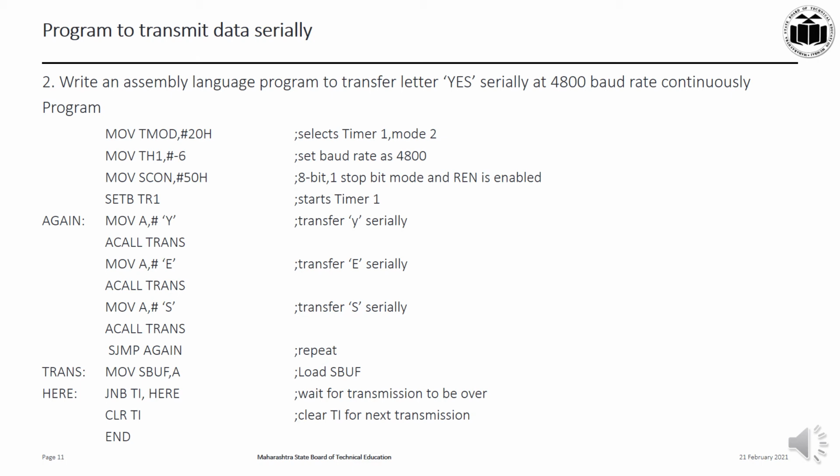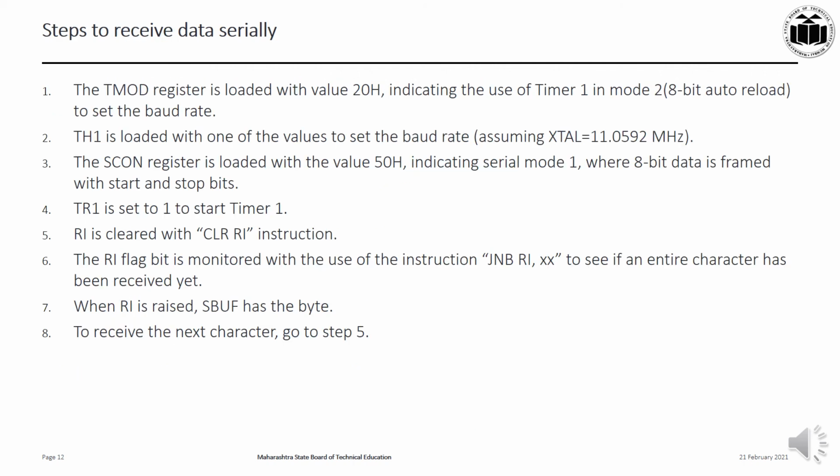In trans we are moving that data into SBUF from the accumulator, and in this subroutine we check TI. If it is not set, we continuously wait for the transmission to be over, and whenever it is set, we can clear it and end the program.